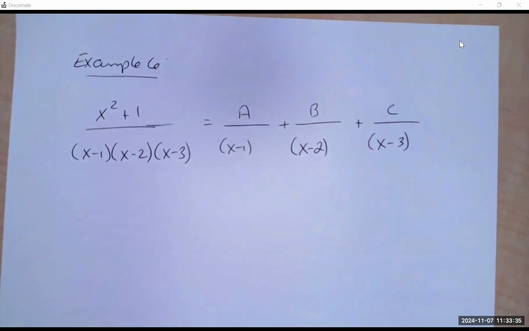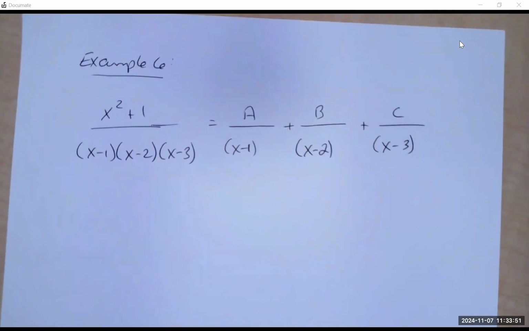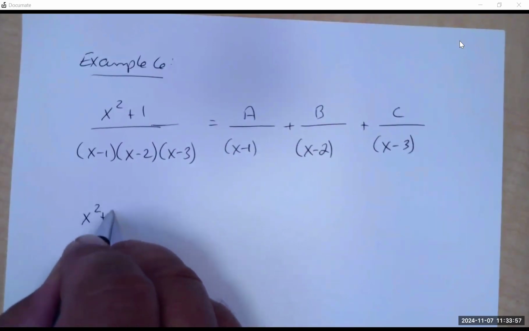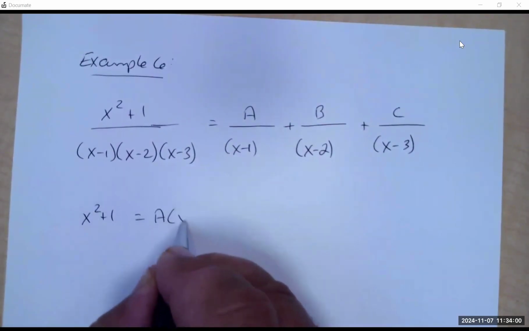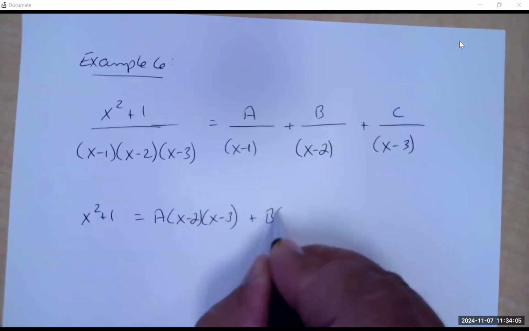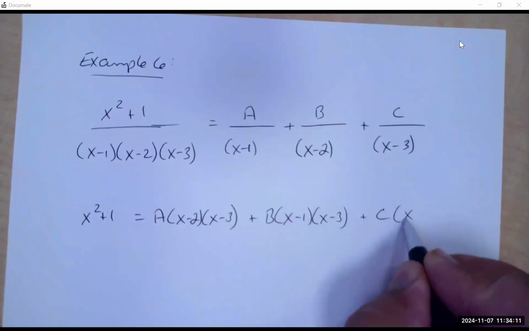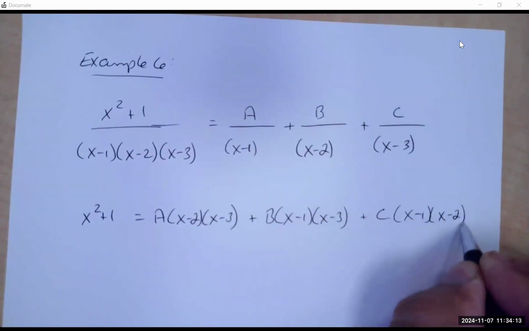Okay, let me see what. I'm trying to look for a trick to this one because it looks pretty straightforwardly easy. So if we multiply by the LCD, we get x squared plus 1 equals A times x minus 2, x minus 3, plus B times x minus 1, x minus 3, plus C times x minus 1, x minus 2.